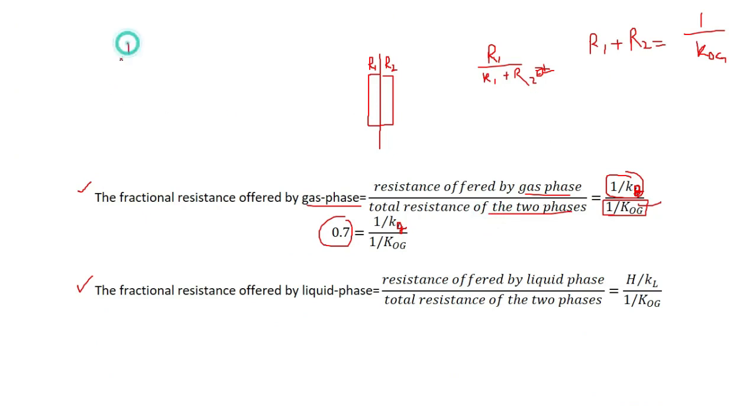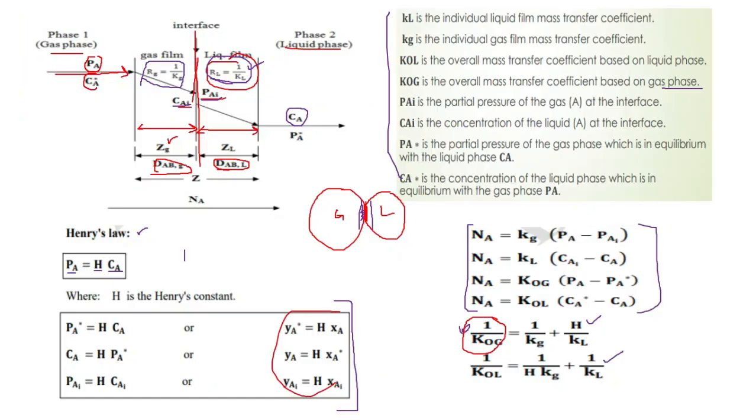So the total resistance of the two phases, 1 over kog, will be equal to the resistance of the gas phase. What is the resistance of the gas phase? It is 1 over small kg, plus the resistance offered by the liquid phase. For the resistance offered by the liquid phase, we use H over small kl.